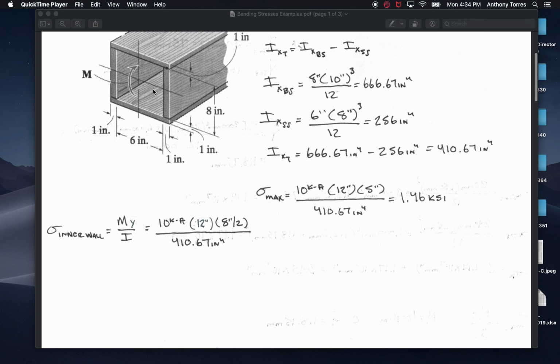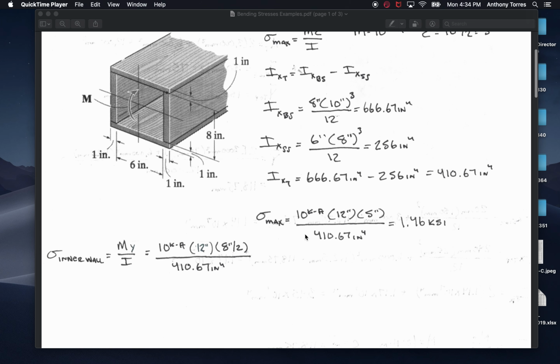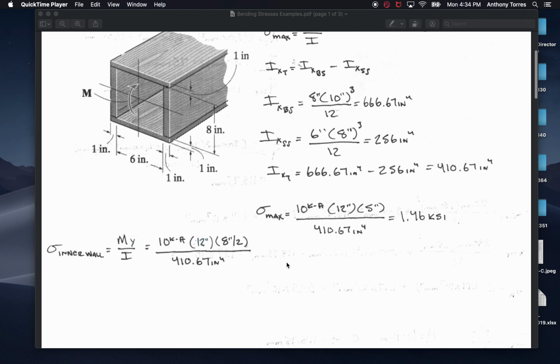Well, that's just divided by 2. Then we're still going to divide by the same I. And it looks like I forgot to write the answer here, but I'll do that real quick. It's 10 times 12 times 4 divided by the 410.67. Do that, and I get 1.16 kips per square inch. So this answer is 1.16 kips per square inch.